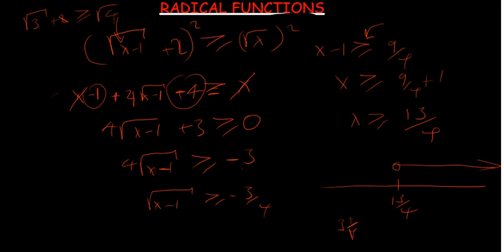Okay, thank you. So the root of 3 is 1.7. And 1.7, if we add the 2, we are going to get 3.7. Of course, that is greater than or equal to what? The root of 4, which is a 2. It is greater than.